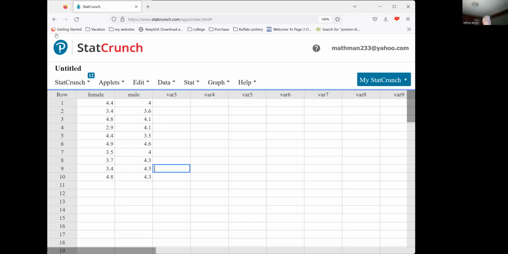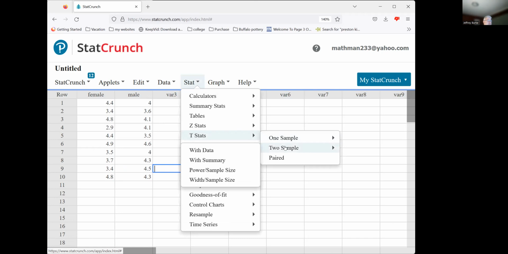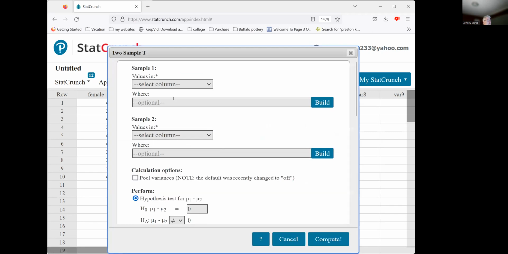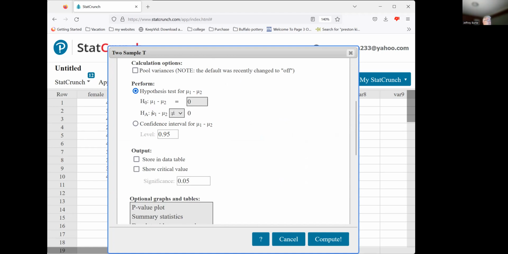So now to run this calculation, I'm going to go to Stat, T Stats, 2 Sample, with data this time. So the only difference is we go with data. Then values in column 1 are female, and column 2 will be male. That way it does the kind of comparison we're looking for here.